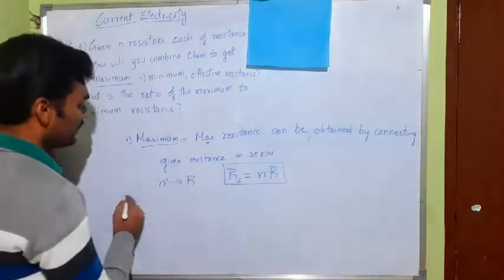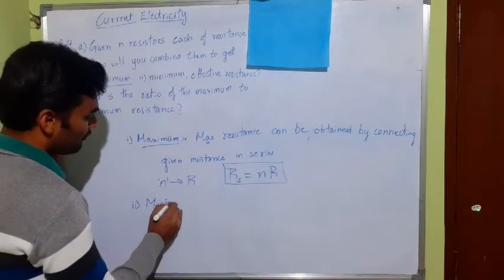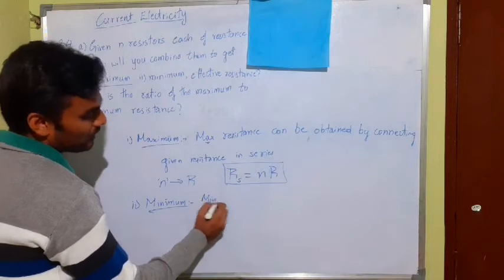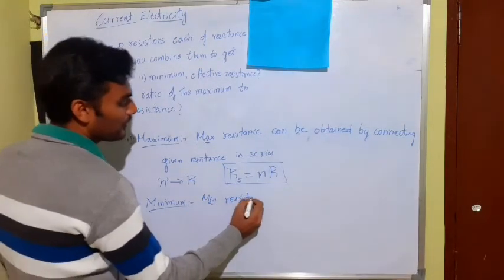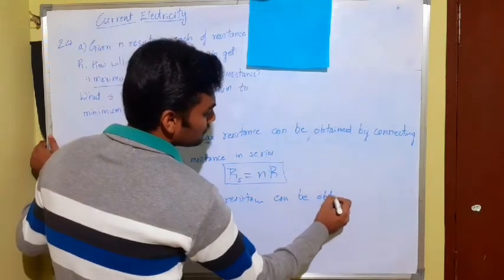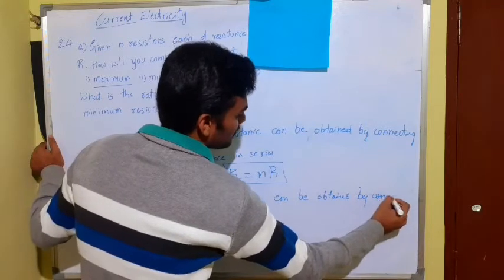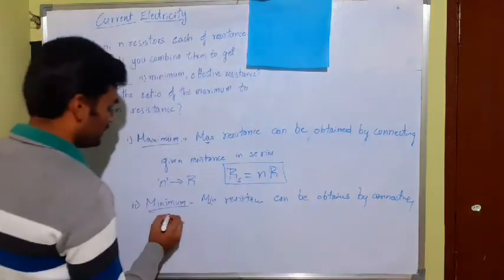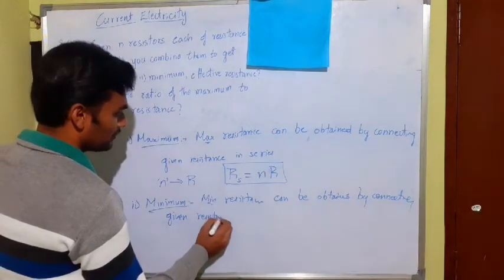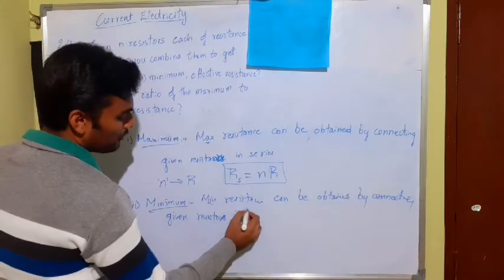Similarly, when it comes to minimum resistance out of the combination, write a sentence again: minimum resistance can be obtained by connecting given resistors in parallel.